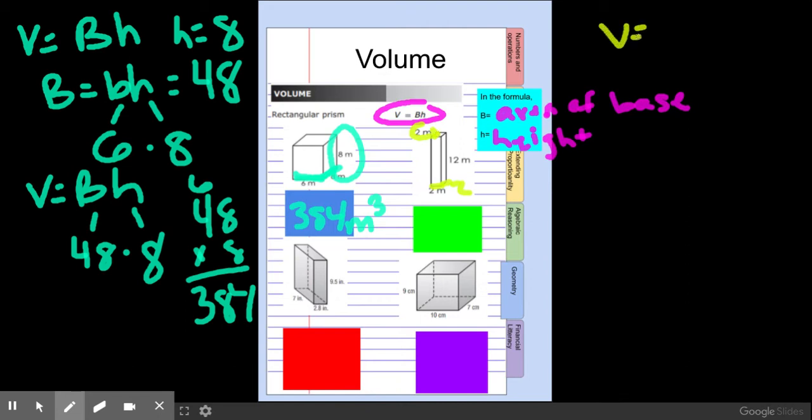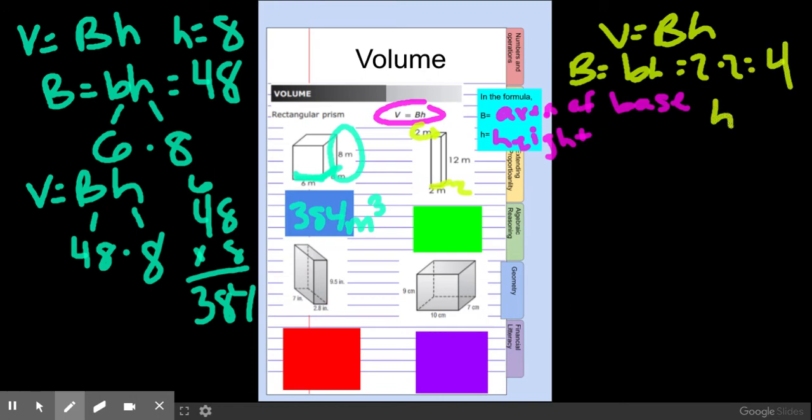So we're going to say volume is equal to big B times H. Our big B, we have a rectangle or a square this time. So base times height, which is going to be 2 times 2, which is 4. And then our height is how tall our figure is, which is 12.